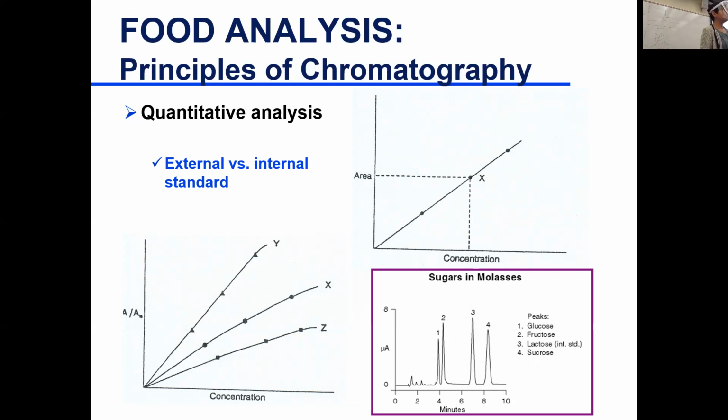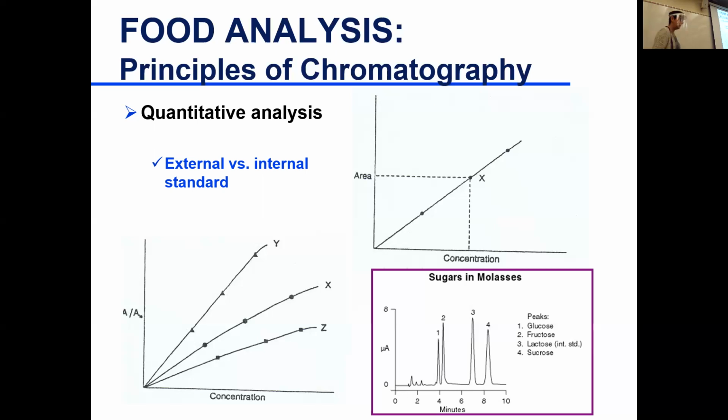Internal means you add a reference standard to your sample. So that's internal versus external, whether with the sample or not with the sample. Each of them has different functions, so what we need to do is understand the function of each.